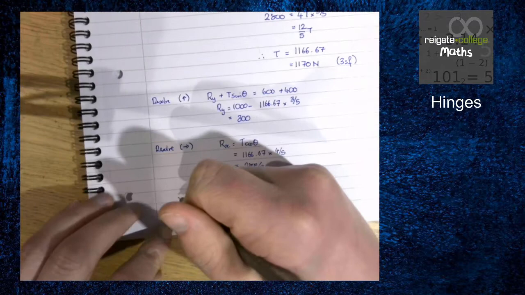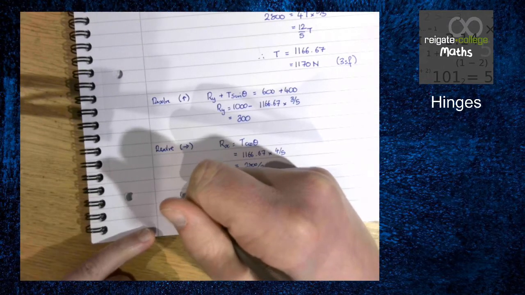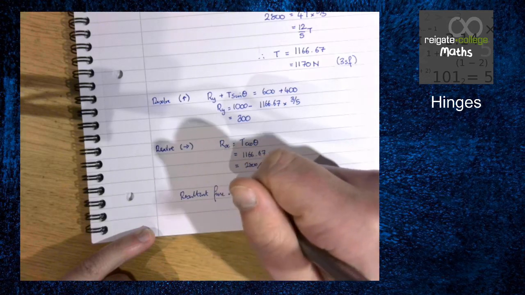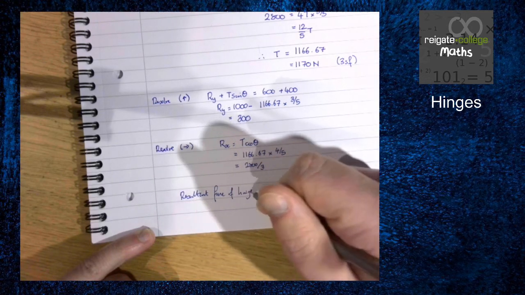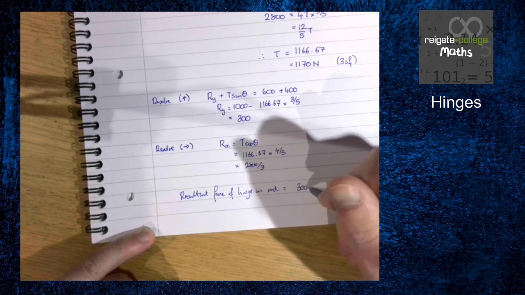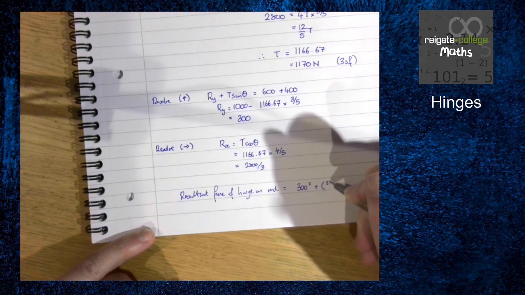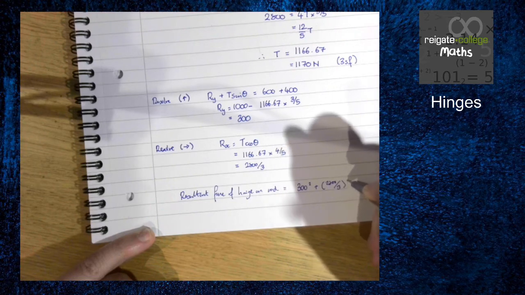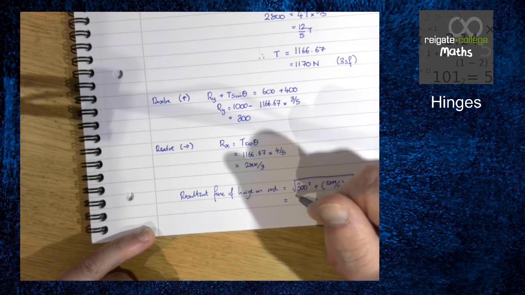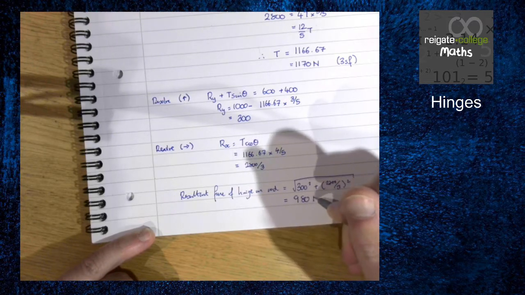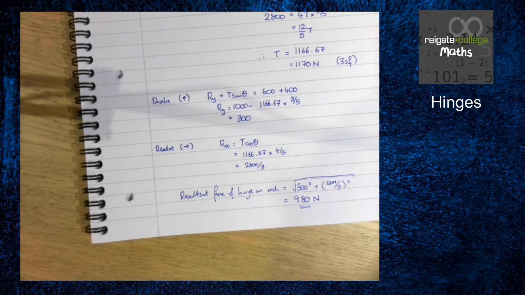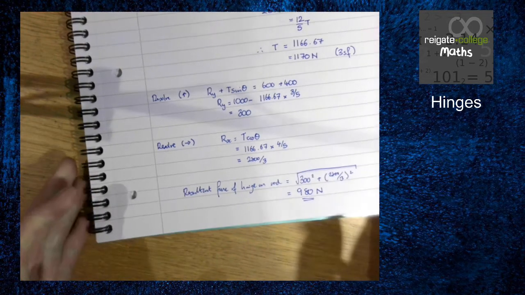So the resultant force of the hinge on the rod is going to be 300 squared plus 2,800/3 squared, all square rooted, which comes out to 980 newtons. And that's this hinge question done.